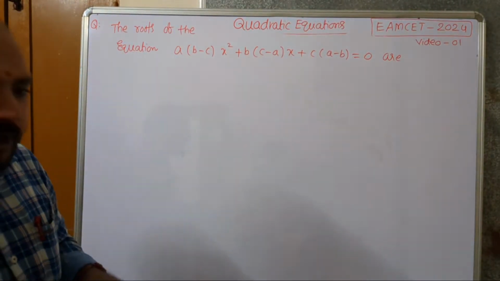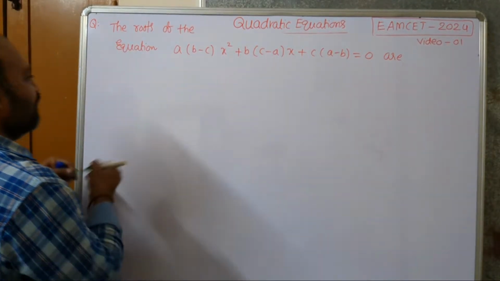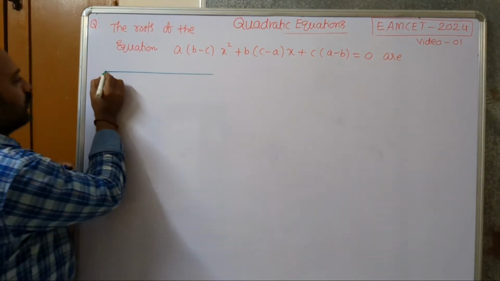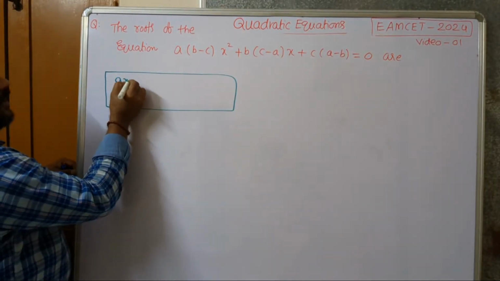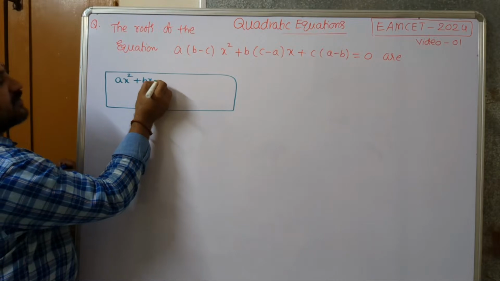We have one important formula for the quadratic equation. This is the quadratic equation: ax square plus bx plus c equal to 0.